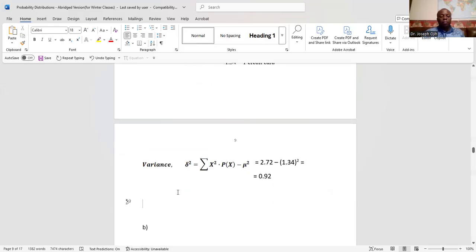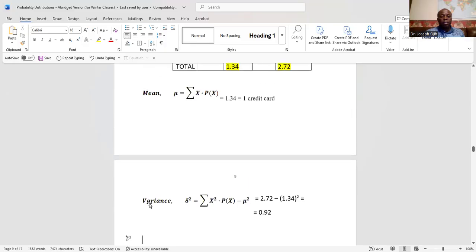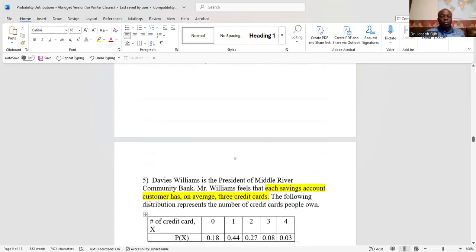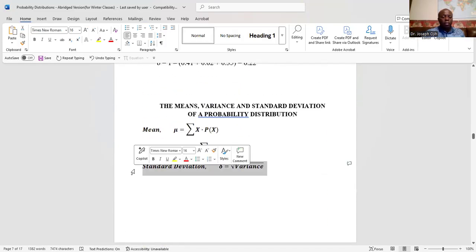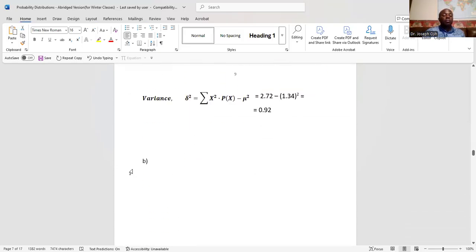I'm going to get the formula here. The standard deviation equals the square root of variance.